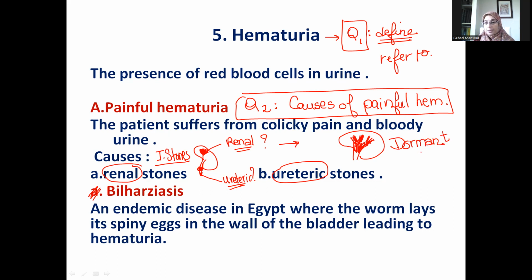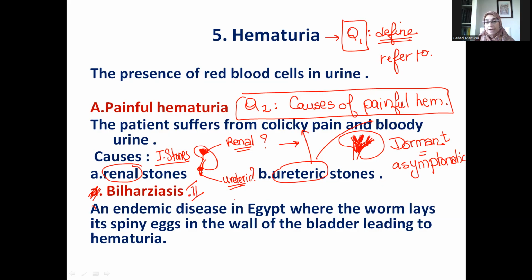By dormant, I mean asymptomatic, meaning that the patient does not develop symptoms, and he might be shocked after many years upon discovery of the very sad fact that he is suffering from renal failure. But usually the ureteric stone shows symptoms, and these symptoms are colicky pain and bloody urine.